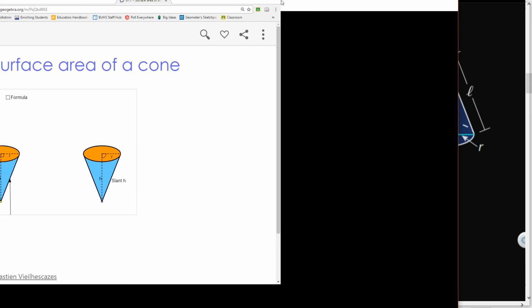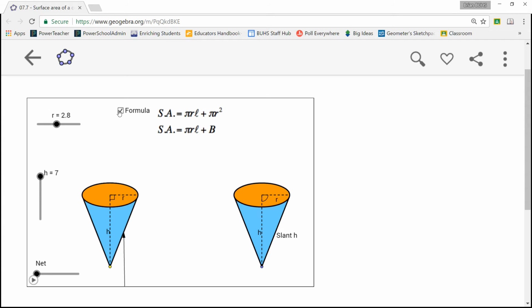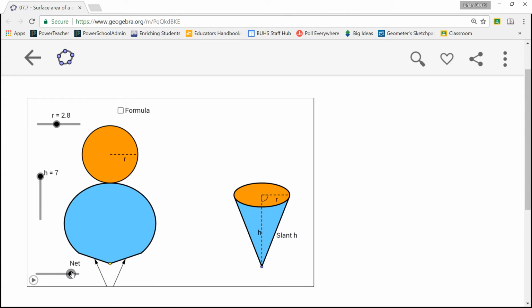And let me show you this cool little trick here. Pi r squared plus pi r L. Watch this. I actually like this. Here we go. Let's unfold it. Tip the hat to you there, and then watch. Slice it. I like that animation.